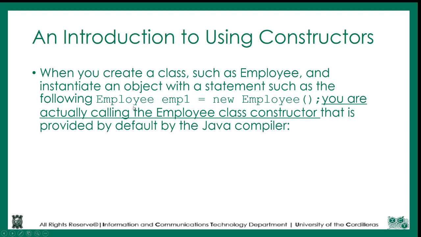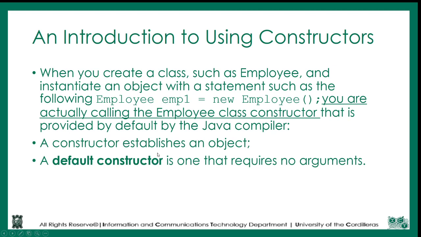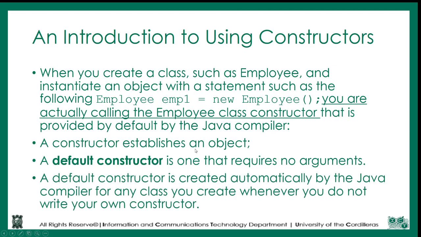You are actually calling the Employee class constructor that is provided by the default Java compiler. So a constructor establishes an object, and a default constructor is one that requires no arguments. What you are seeing right now is an example of a default constructor.